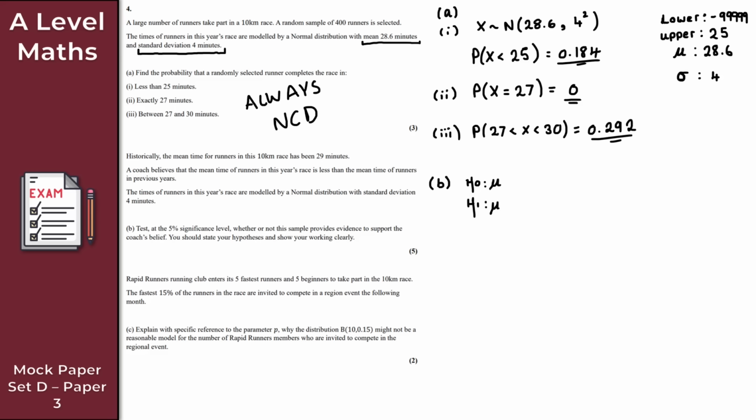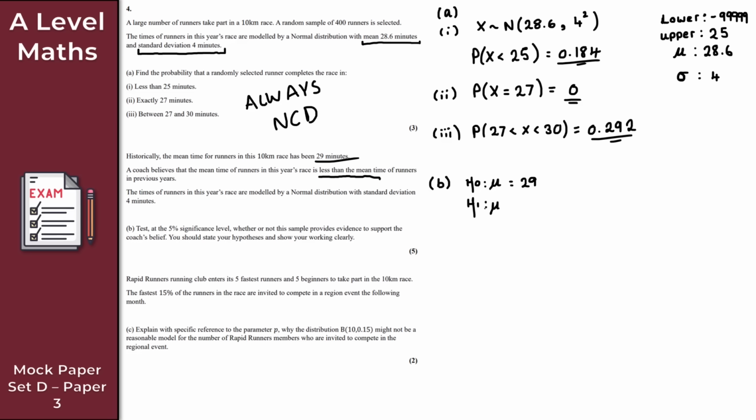So what are we actually testing here? Well, what we're testing here then is the coach's belief that the mean time of runners in this year's race is less than, I'm going to highlight that because that's important. So it's less than the mean time of runners in previous years, where the mean in previous years has been 29 minutes. So mu here is equal to 29.